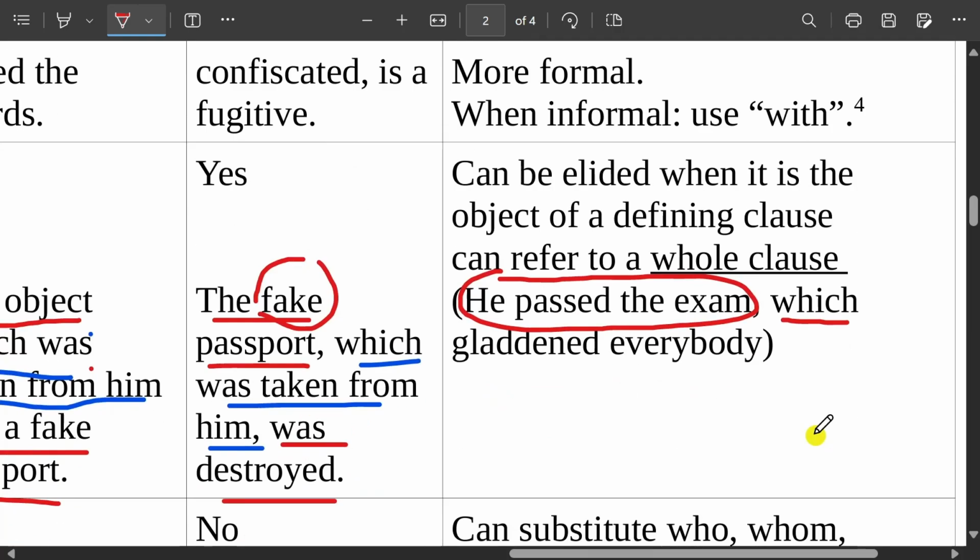And I haven't seen any explanation whether this is defining or non-defining. But it seems like non-defining to me.